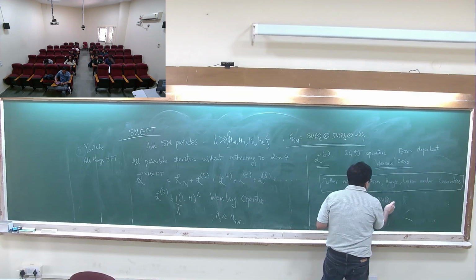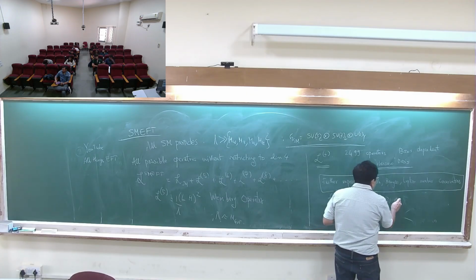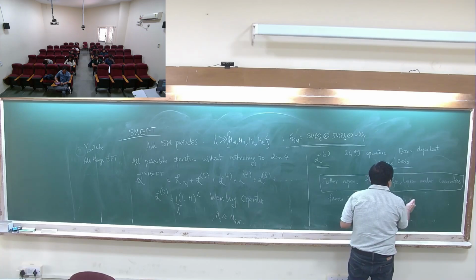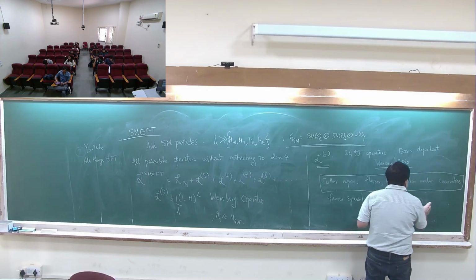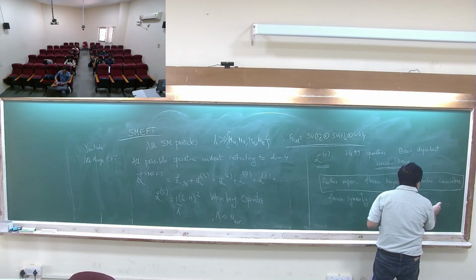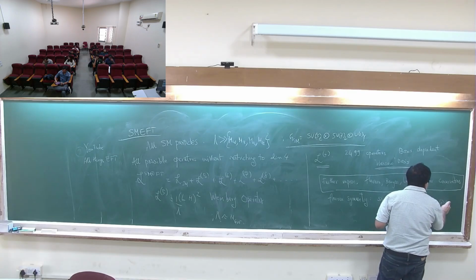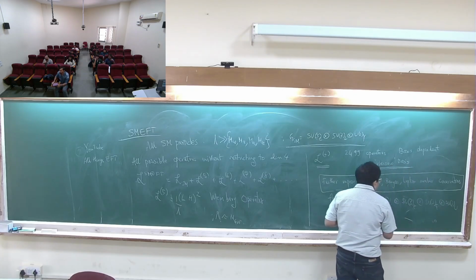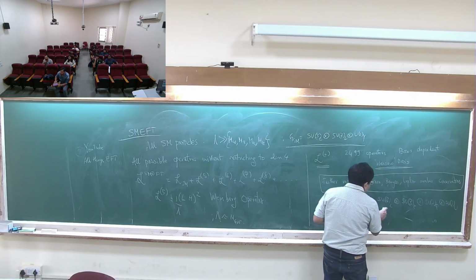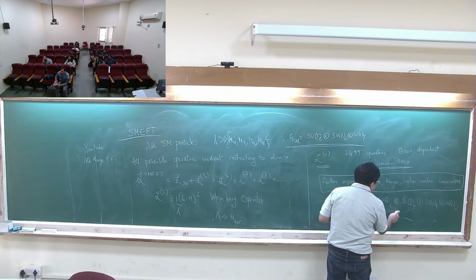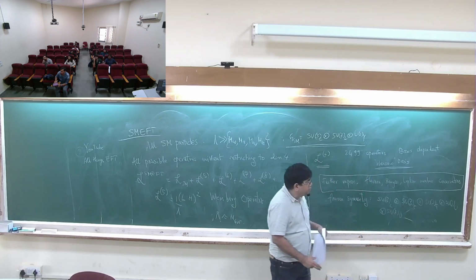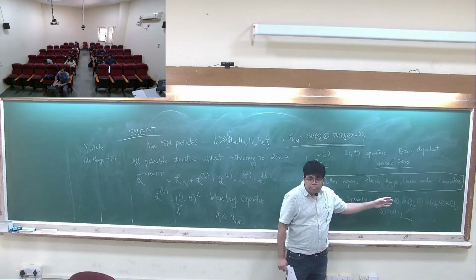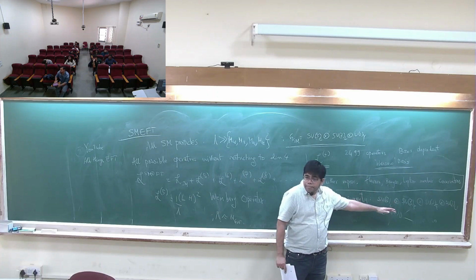SU(3)_L for all the left-handed lepton fields, SU(3)_E for all the right-handed charged lepton fields, SU(3)_Q for all the left-handed quark fields, SU(3)_U for all the right up-type fields, SU(3)_D for all the right down-type fields. So there are 5 flavor groups. You impose all of them.